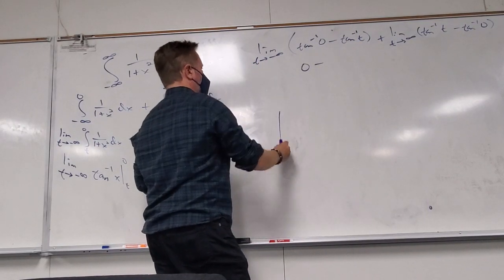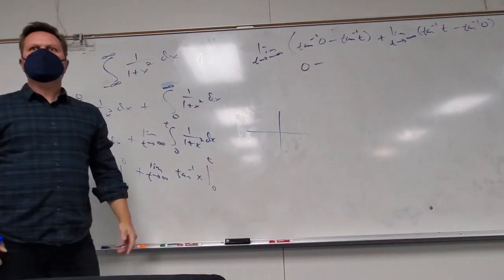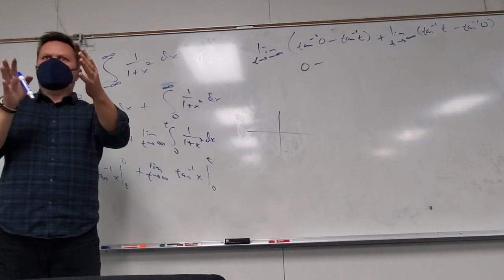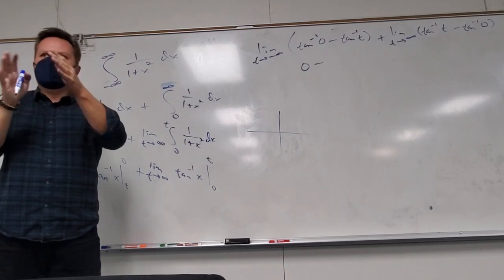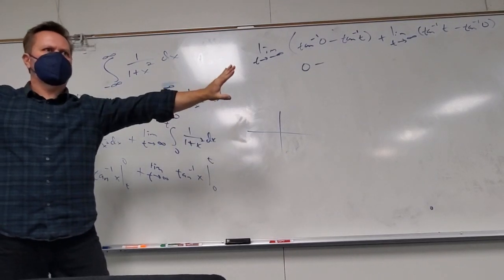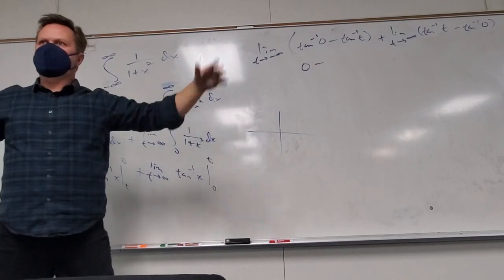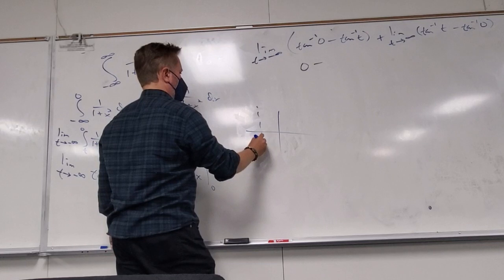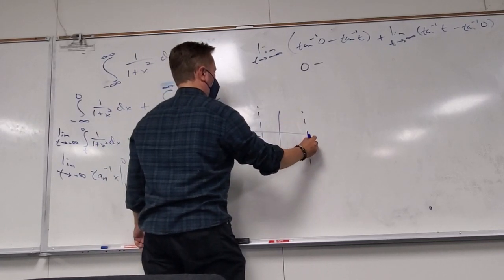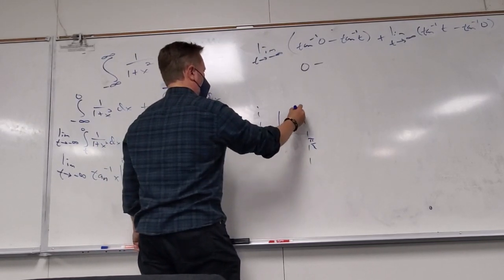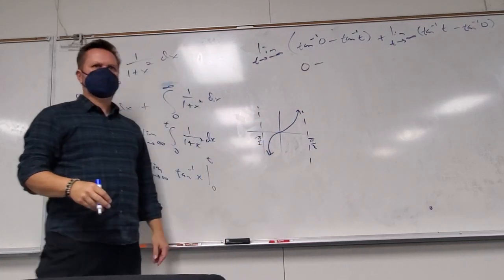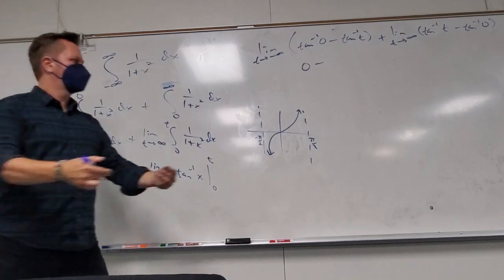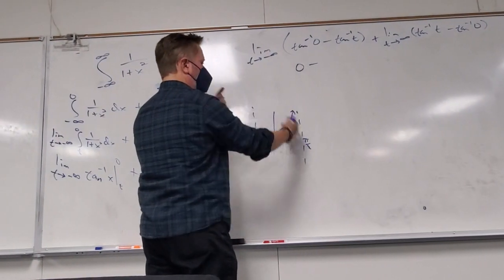So again, what's going to save you is knowing what these things look like. Can somebody tell me the innermost branch of the tangent graph? I don't need all the repeated wavelengths. It goes from negative pi over 2 to pi over 2, and it looks sort of cubish. Arctangent is on its side. All arctangent does is it's an inverse function, so it flips over the y equals x line.